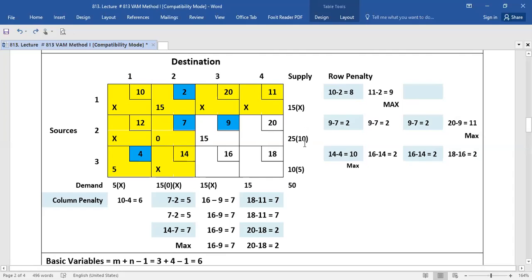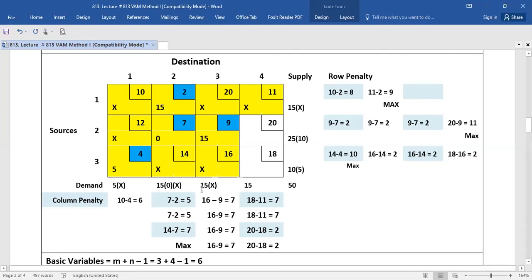Now I will highlight this column as there is a cross sign, and also put a cross in this column. This shows that now there is no need of this column.